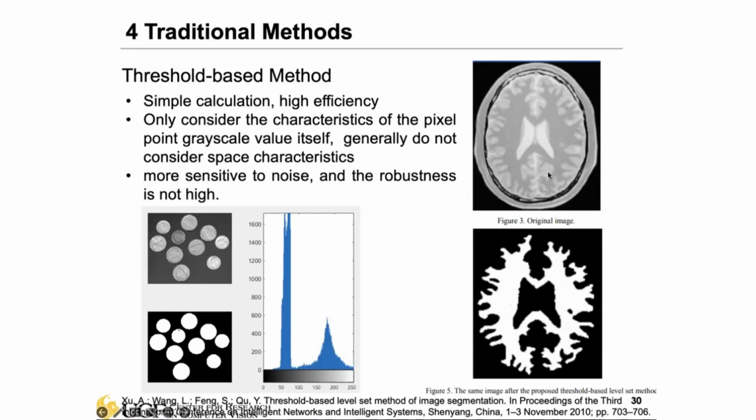Then let's go to another example, which is an actual medical image. This may be an MRI image. At first glance, we can roughly see there are a few groups of pixel intensity.